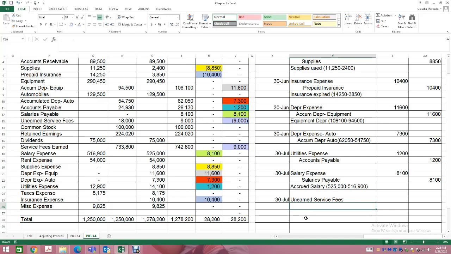So unearned service fees is going to be debited, and then we're going to credit service fees earned. The amount provided here is $9,000.